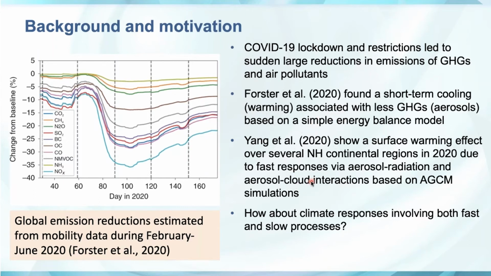And by prescribing aerosol emission changes during 3 different phases, lockdown, back to work, and post-lockdown stages, Yang et al. showed a surface warming effect over major continental regions of the northern hemisphere via aerosol radiation and aerosol cloud interactions.